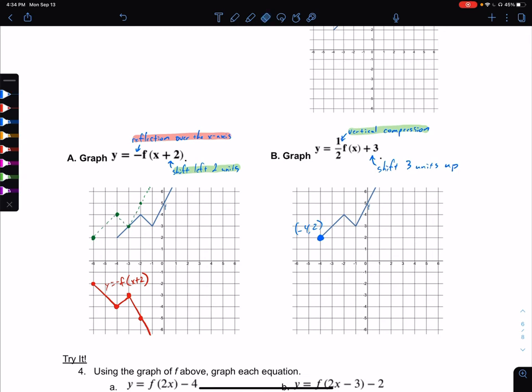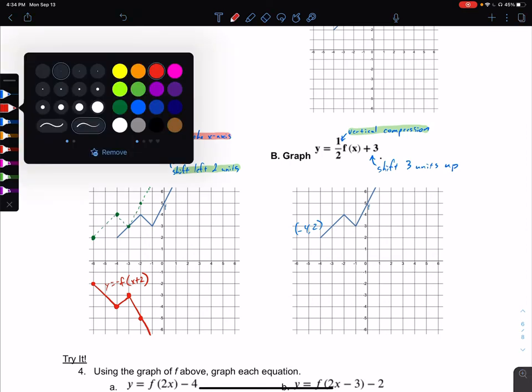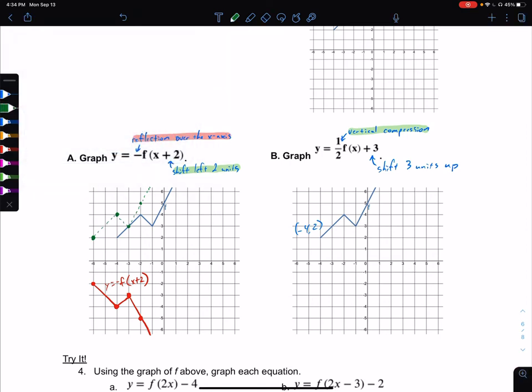So let me erase that there, and let's put this in green. So we would have the point -4, 1. And I would continue that process. So this point here, which is -2, 4, the x value of -2 remains the same, but it's going to be cut in half vertically, so that's going to wind up going down from a 4 to a 2.